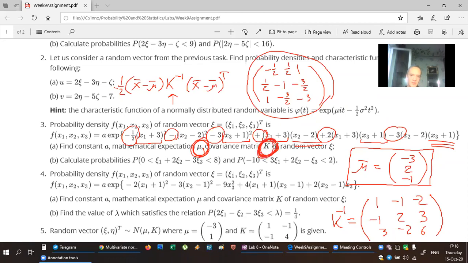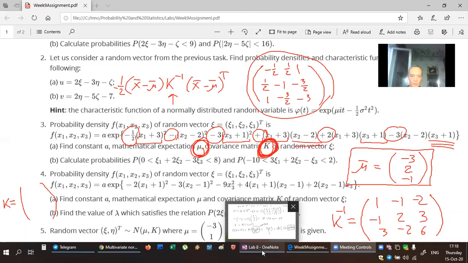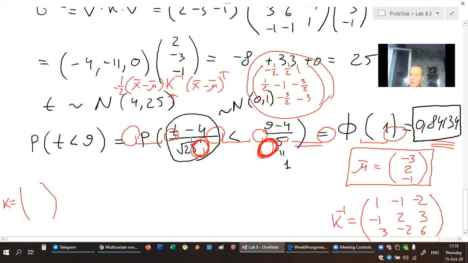Did anyone finish this calculation? What is K? Nobody, right? Okay. So we have K minus first.